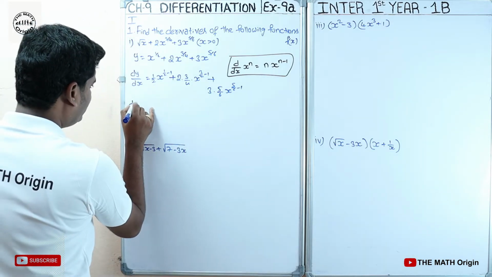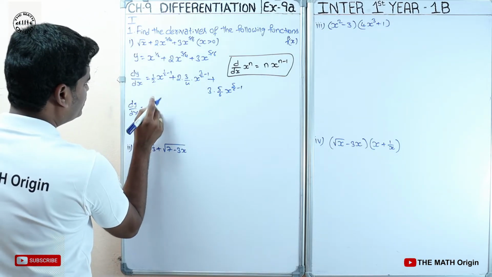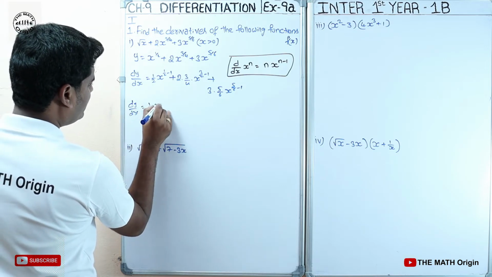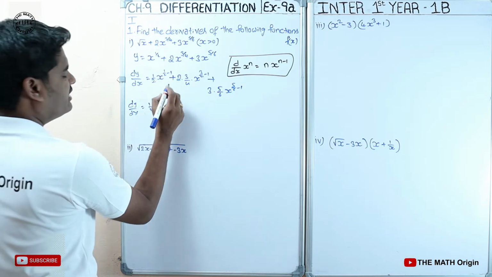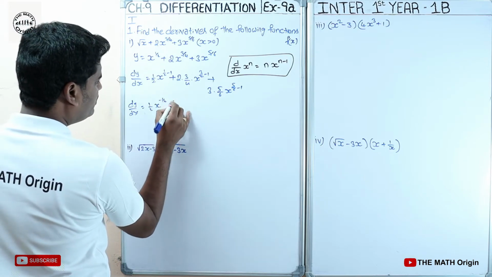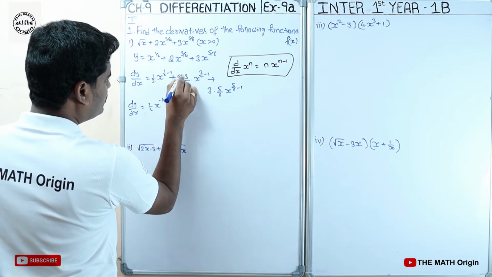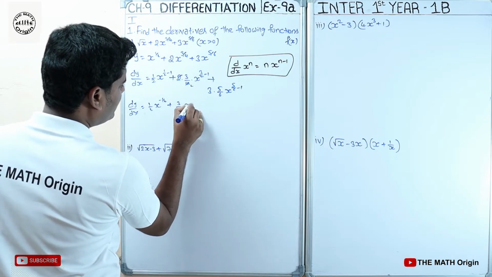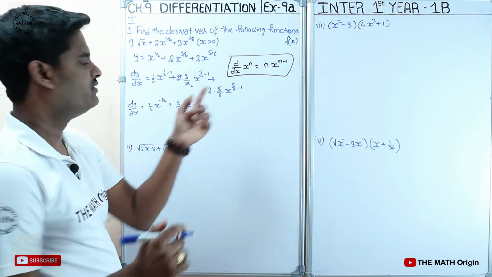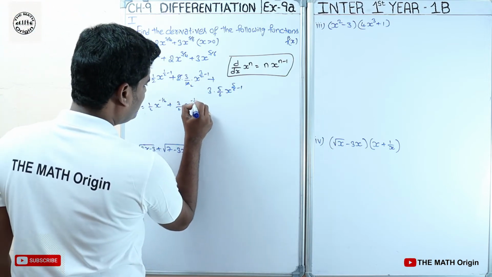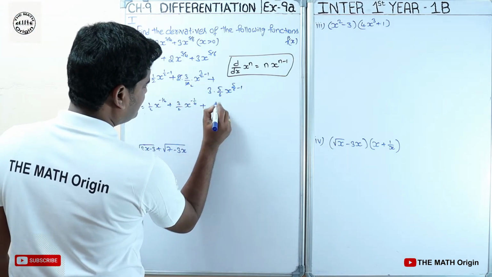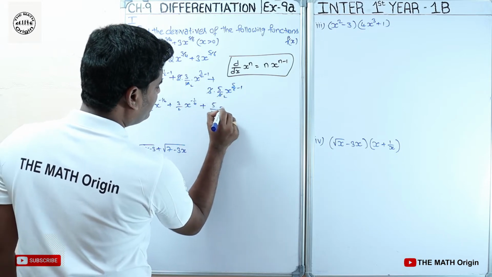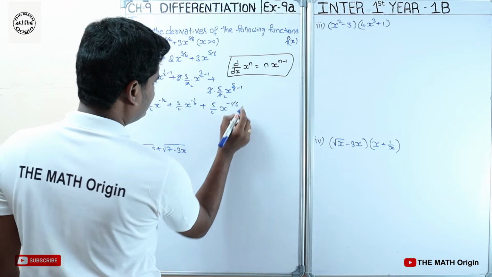Then dy by dx is equal to 1 by 2 into x power minus 1 by 2, plus 2 ones are 2, twos are 4, which will be 3 by 2 into x power minus 1 by 4, plus 3 ones are 3, twos are 6, which is 5 by 2 into x power minus 1 by 6.